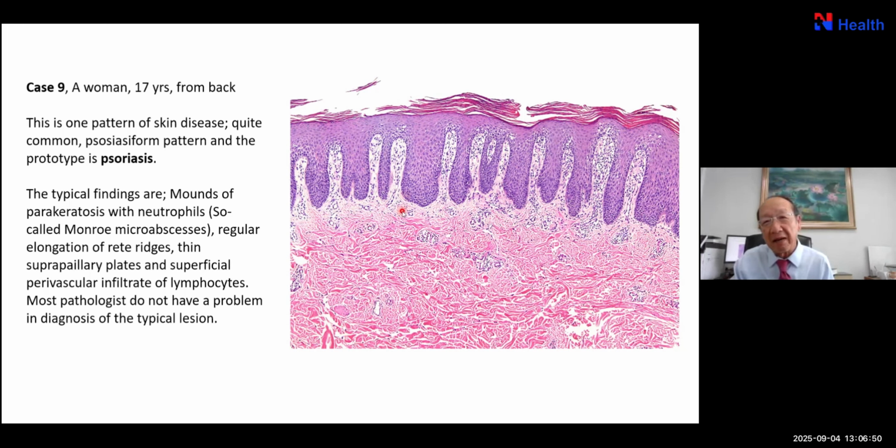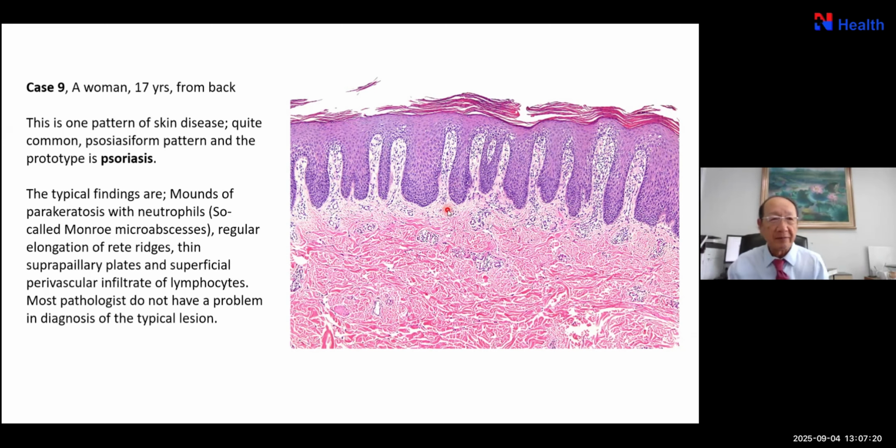The early and the late lesions, and the highly active and inactive lesions, all look different. Some have even what is called pustular psoriasis, with collections of microabscesses in the epidermis, and that's called a pustular variant. But anyway, this one is the classical pattern of fully developed psoriasis.